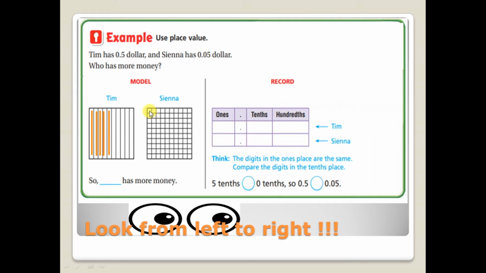So let's color 1, 2, 3, 4, 5. So that's it. You can see by your eye which one is bigger here. Is it Tim who has 0.5 or Sienna who has 0.05? Of course it's Tim. Tim has way more than Sienna.